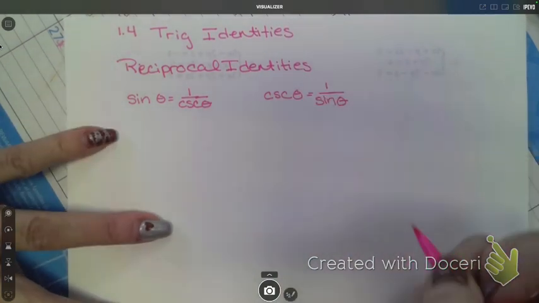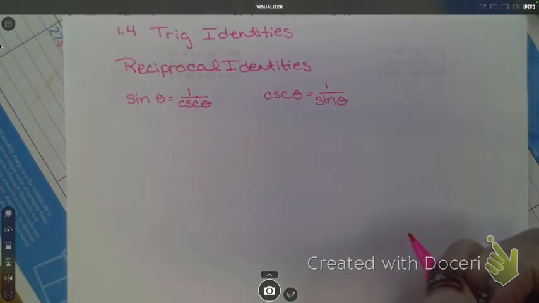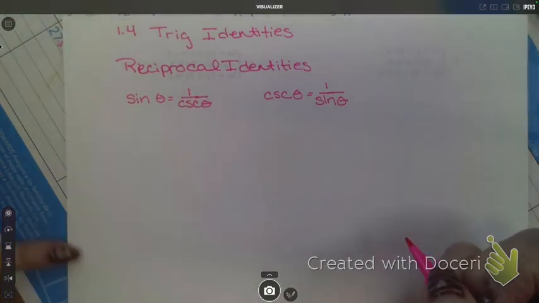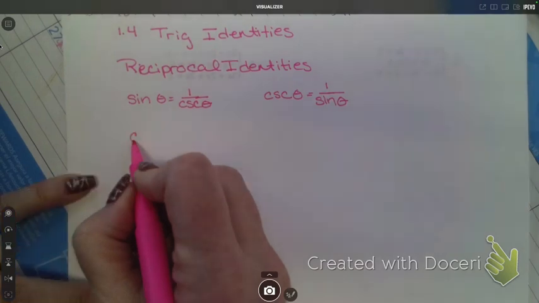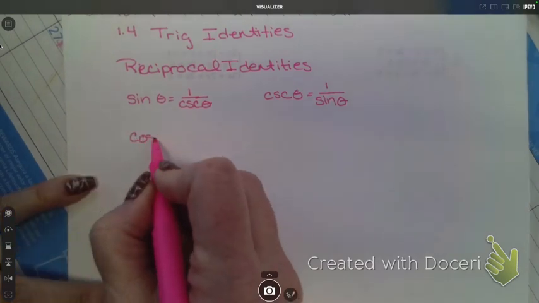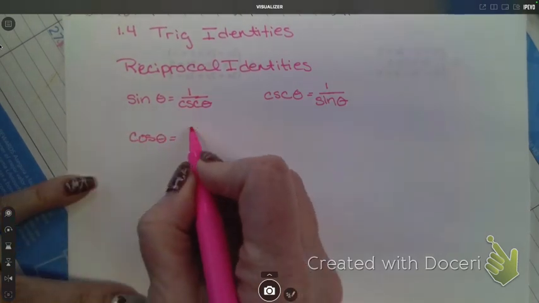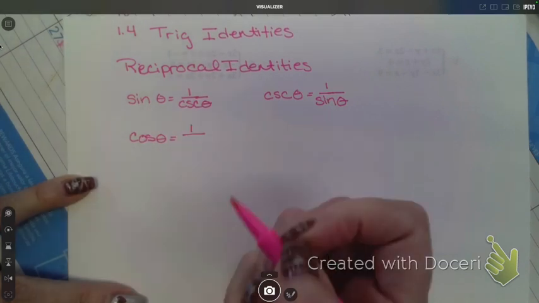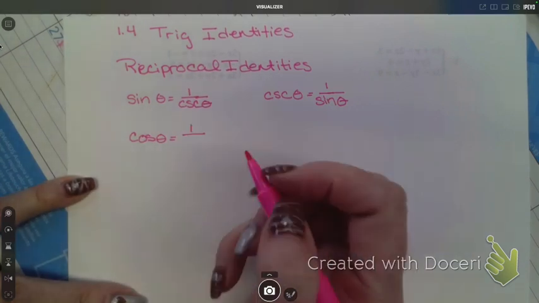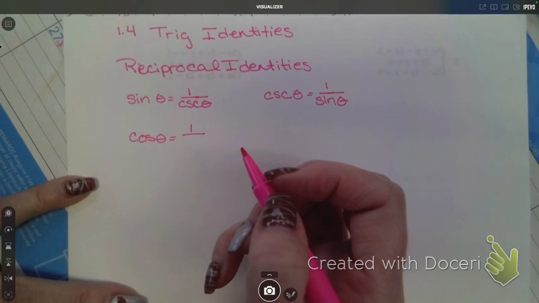They're just reciprocals. Cosine of theta is equal to 1 over what? What's the reciprocal of cosine? No, it's secant.